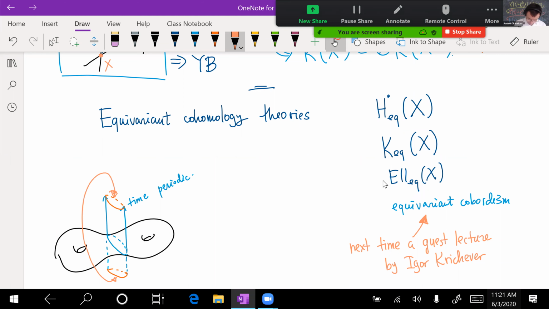But it's a little difficult to explain what this elliptic cohomology is. It's certainly easier to explain what equivariant K theory is. So we will start this today. This is beautiful and concrete. I mean, all of these theories are beautiful, but this is very concrete, and we will start with that.